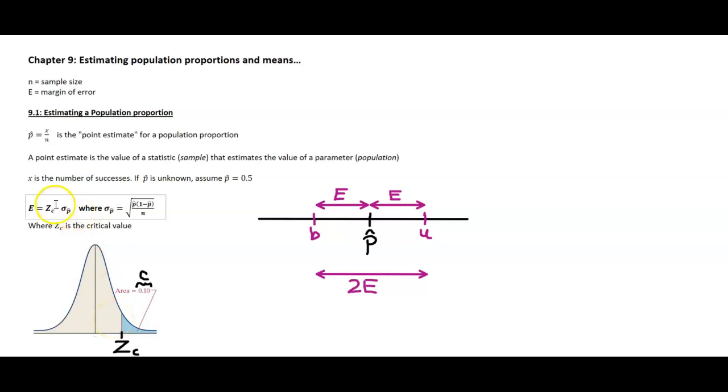So that's the critical value number, and you use that and this calculation to calculate the margin of error. So the way the confidence interval works is for the upper bound, we take our point estimate, the P hat, and we add the margin of error to it. And then to find the lower bound, we take our P hat and we subtract the margin of error from it.